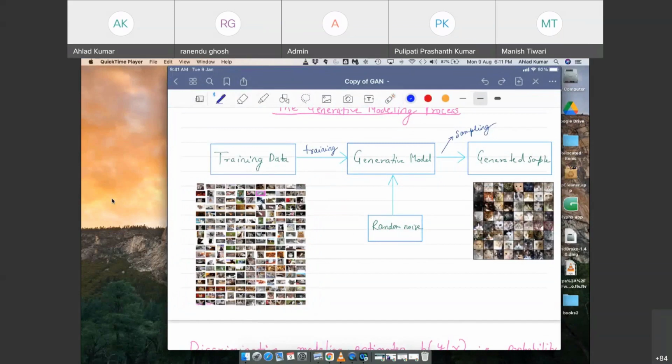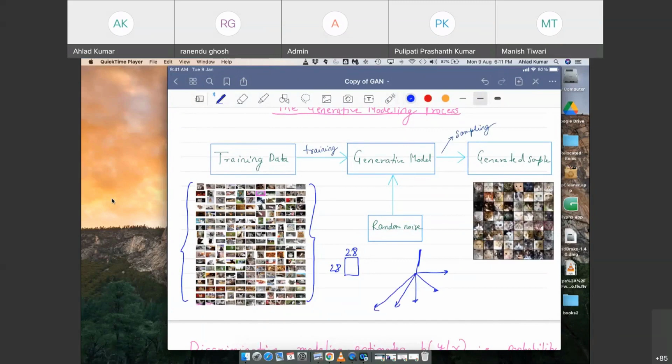And to be precise, what exactly is happening is, for these cat images that you are having here, for example, let us say a cat image of size 28 cross 28. If you want to project it into a 784 dimension space where each of these coordinates is a pixel of this image, there will be 784 such dimensions.